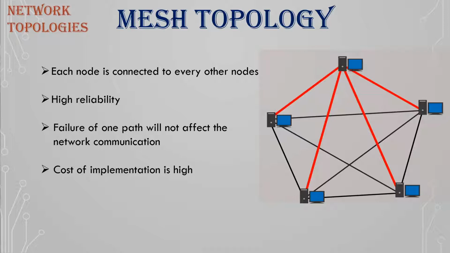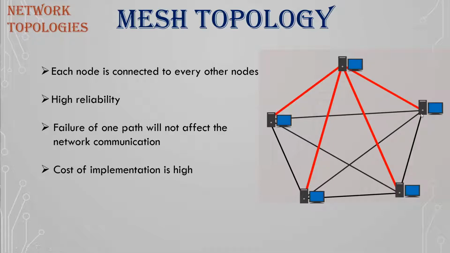Mesh topology. In mesh topology network, each node is connected to every other node in the network. This type of topology has high reliability. The failure of one path will not affect the communication in the network since an alternative path is always available to complete the communication. The picture here represents the mesh topology. If we consider this node, then it has a communication path to every other node here.